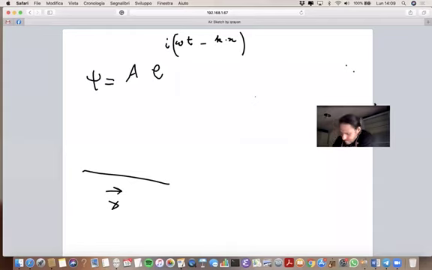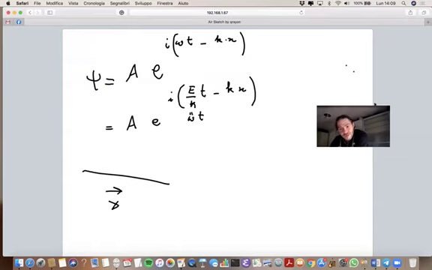Now, first of all, we can rewrite this expression in the following way. The thing that I did here was actually to recognize that the frequency of my wave is nothing but the energy divided by h bar.